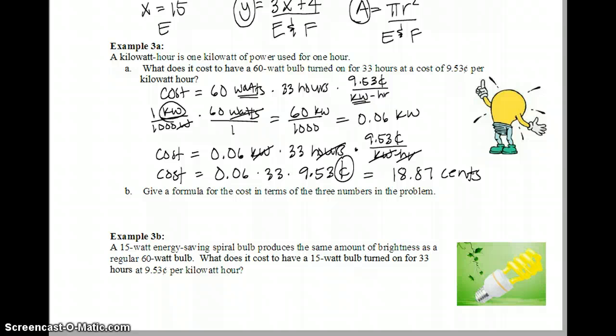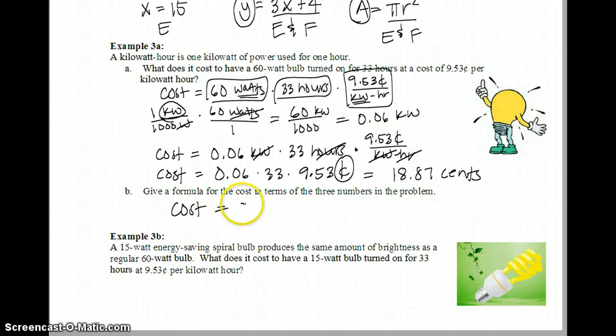We can give a formula for the cost in terms of the three numbers in the problem. The three numbers being the watts, the hours, and the cost in cents per kilowatt hour. So we can say cost equals the watts, which we know as power, so we're going to use P, times time, which was hours, times that unit cost of 9.53 cents per kilowatt hour.